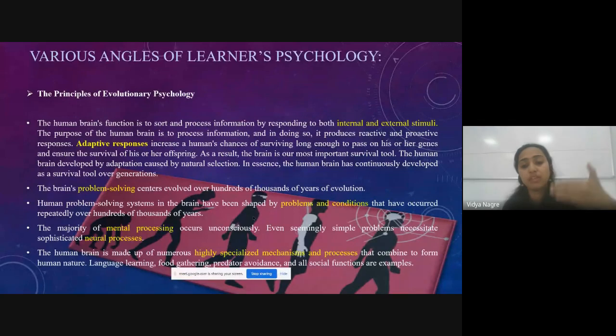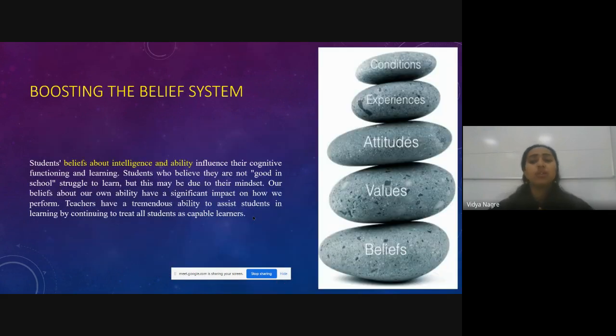This problem solving mechanism has progressed throughout the centuries, taking hundreds and thousands of years. This is what is called mental processing. This mental processing occurs very unconsciously, and that is a very neutral process. And why does the brain react in this way? Because survival is a very prominent instinct in the human being. Why do we have to understand all these things? Because these are the dots which we have to link together as a teacher.